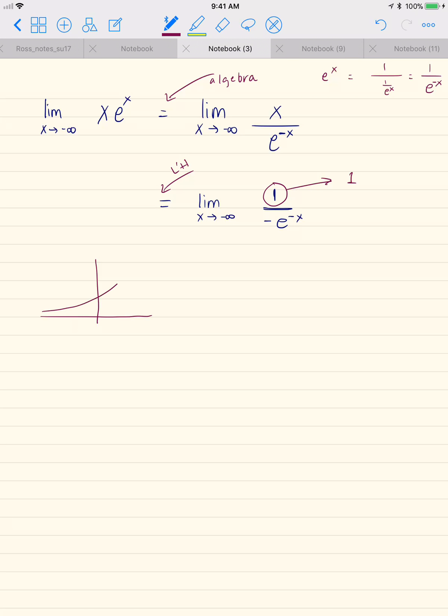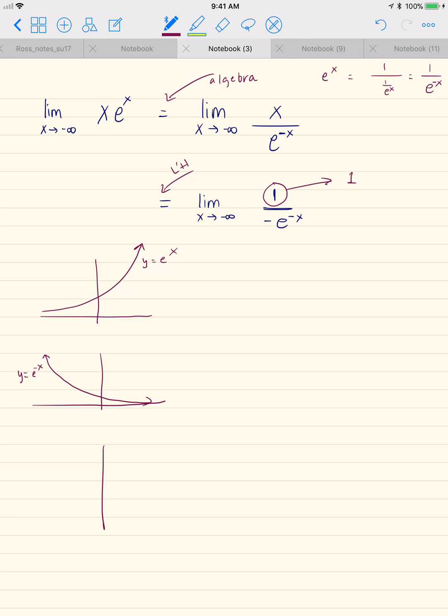Well, if e to the x looks like this, y equals e to the x, then y equals e to the negative x is the same graph reflected over the y-axis.